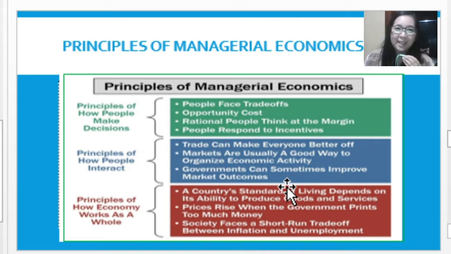Sometimes it seems that they are controlling the market or the situation in their own interest and not in the interest of the public. But of course, in principle, it should be based on the interest of the general public. A typical example of this is the DTI regulating the selling price of a particular good or service so that the seller will not have the freedom of selling it at higher prices. So that is an example.